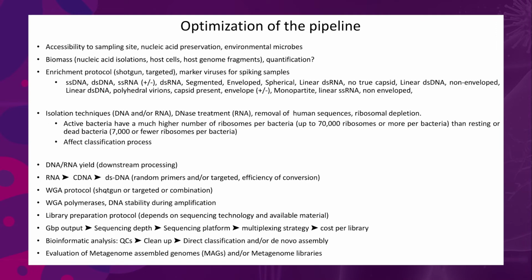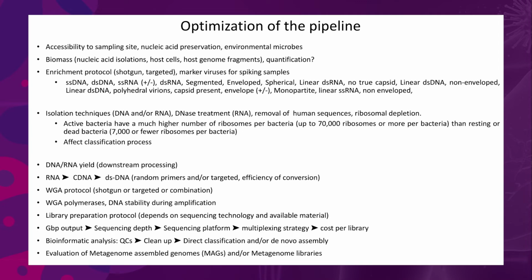The library preparation protocol depends on the sequencing technology and the available DNA material. So basically the quantity of DNA. For example, nanopore sequencing demands a higher DNA input than Illumina-based sequencing. Then the depth of our sequencing is also really important.